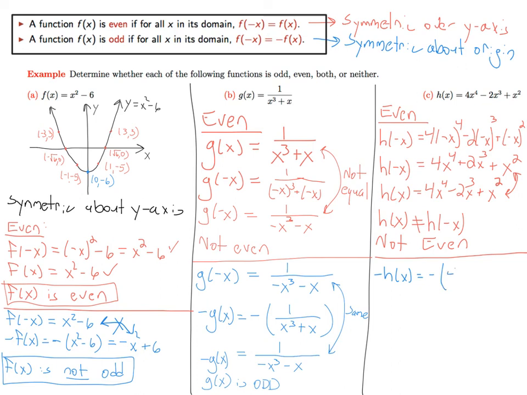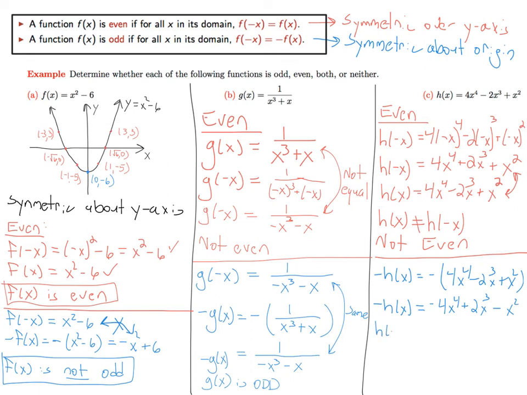So that would be 4x to the 4th minus 2x cubed plus x squared. Multiplying each term in this expression by minus 1 gives me minus 4x to the 4th plus 2x cubed minus x squared.